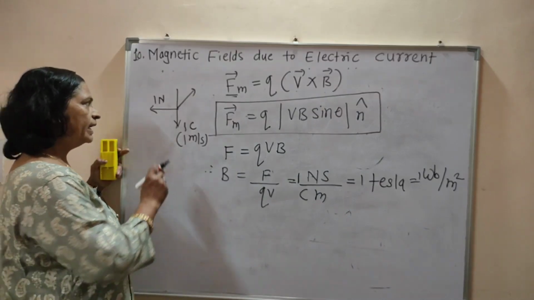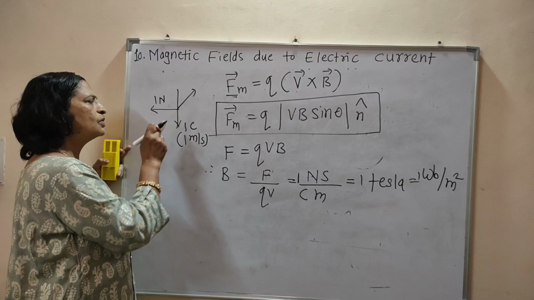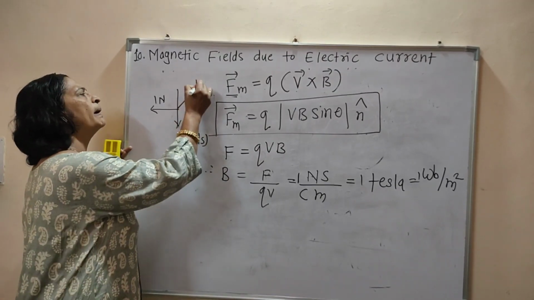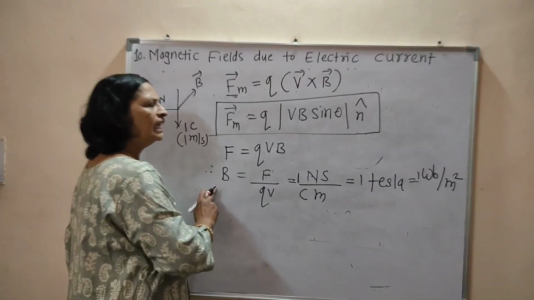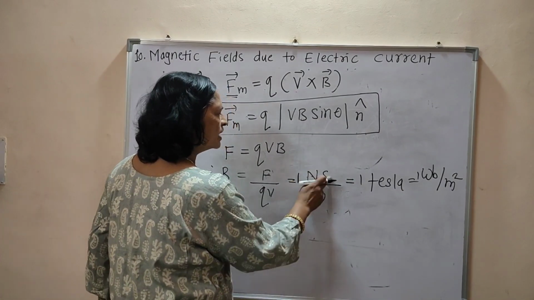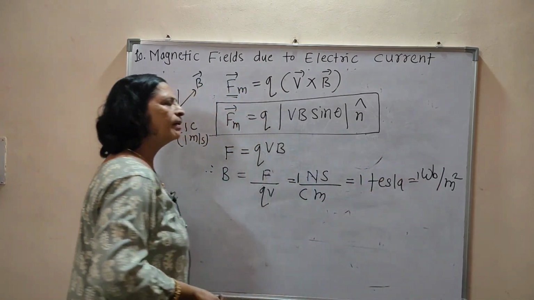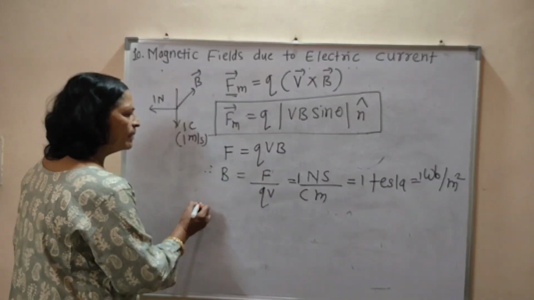Okay. When a 1 Newton force acts on a 1 Coulomb charge with a velocity of 1 meter per second perpendicular to the magnetic field, then the magnetic induction is 1 Newton second per Coulomb meter or 1 Tesla or 1 Weber per meter square. Then we have to obtain the dimension.